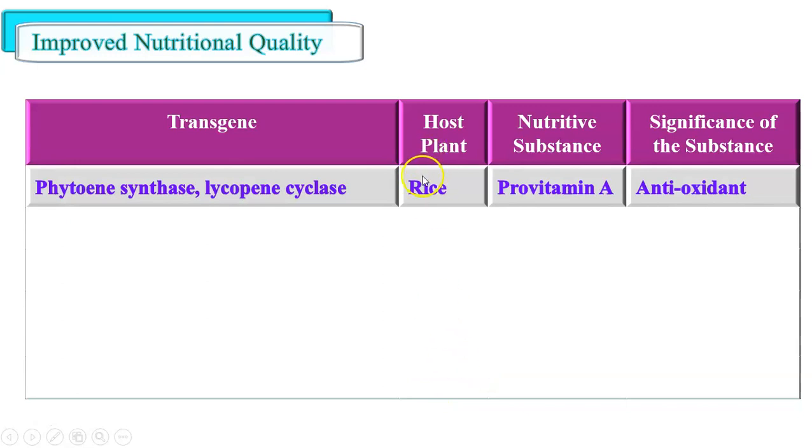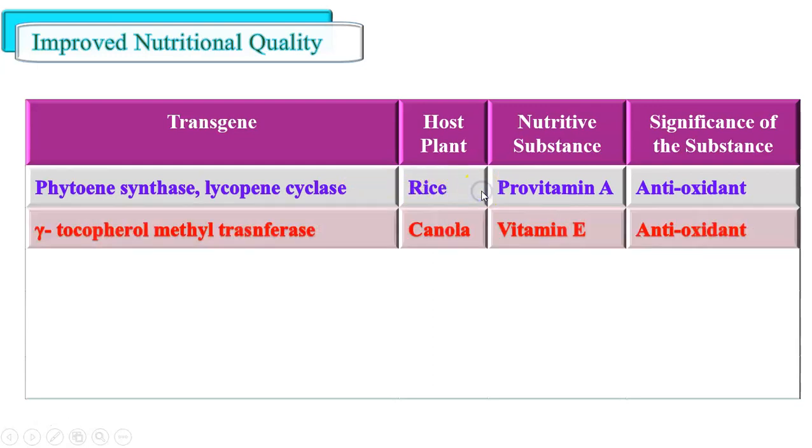Rice is made fortified with vitamin A. This vitamin A acts as antioxidant and this could become possible because of the phytoene synthase and lycopene cyclase genes which are introduced in the rice. We call such transgenic rice plant as golden rice.